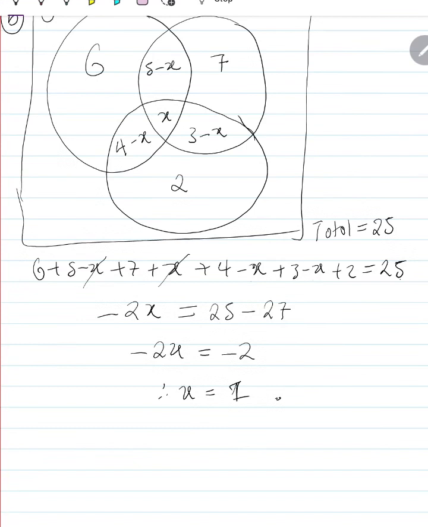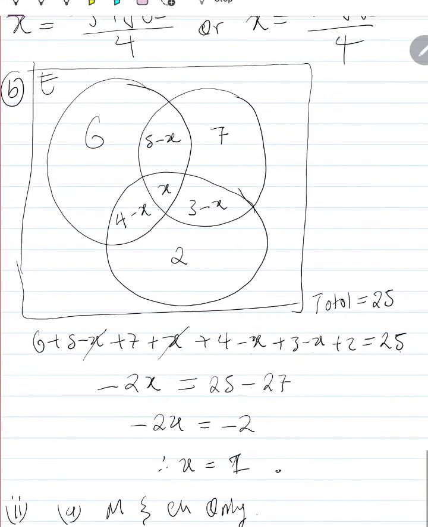Now the second question says, how many students studied mathematics and chemistry only. Okay, so number 2, part A, we want math and chemistry only.